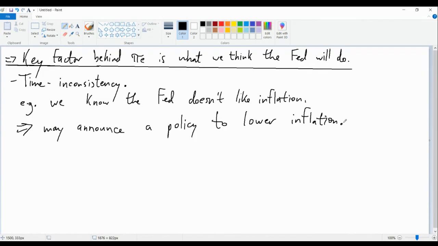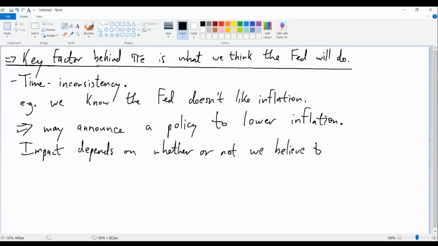Now, the key lesson from the Lucas critique and from rational expectations is that the impact of this announcement is going to depend on whether or not we believe them. The term that the textbook uses for this idea is that it depends on whether or not the Fed's announcements are credible.